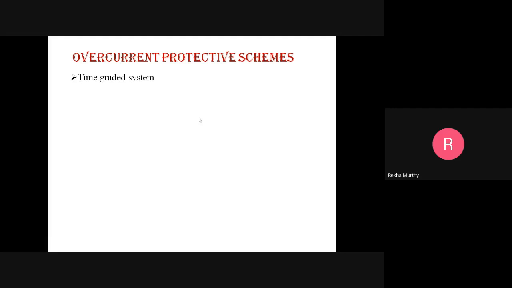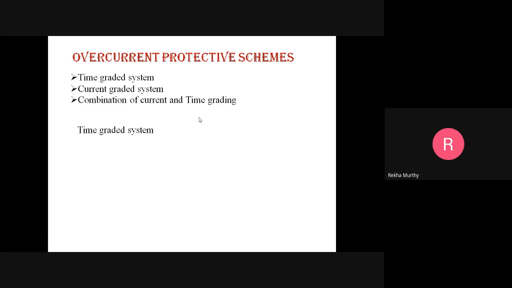So like that, the relays must be selective with each other. For this proper selectivity of the relays, we need to consider schemes depending upon the system condition. What are those schemes? The first is the time graded system, then the current graded system, and a combination of both time and current grading. Now let us discuss what this time graded system is.